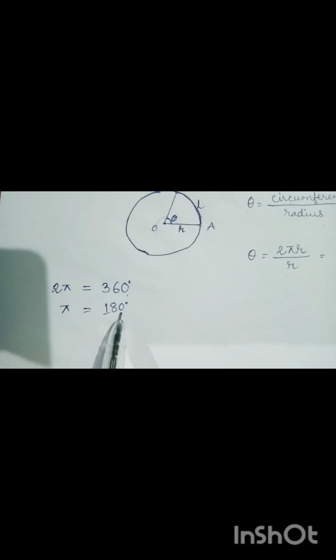So this first half is pi and the second half is also pi, making twice pi in total. Pi plus pi is twice pi, so it gives us 360 degrees. So pi is equal to 180 degrees. Similarly, we can write any value in terms of pi.